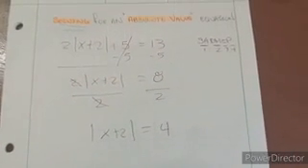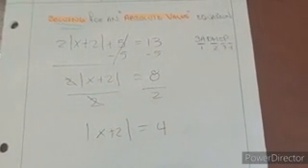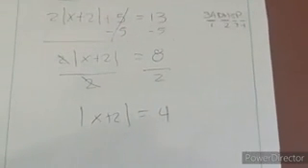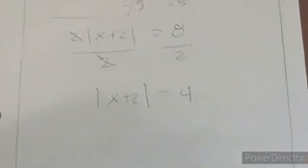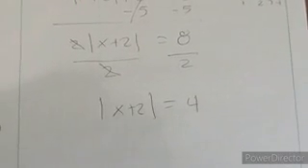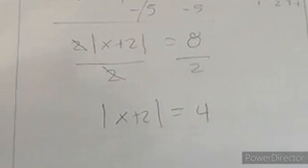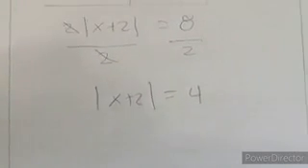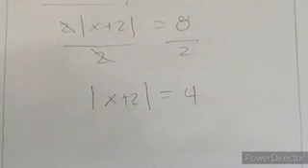I'll zoom out so you can see all the steps. Remember, this is a SADMAP process. Now, since I am dealing with the absolute value, the thing that we've learned in a couple of classes now is that when I have an absolute value, whether it be a negative number in there or a positive number, it will still give me a positive result. The absolute value of any number is positive.